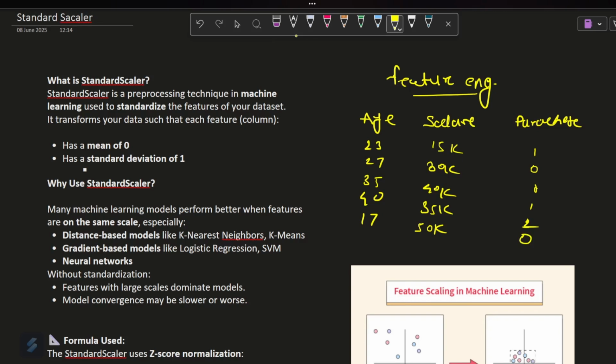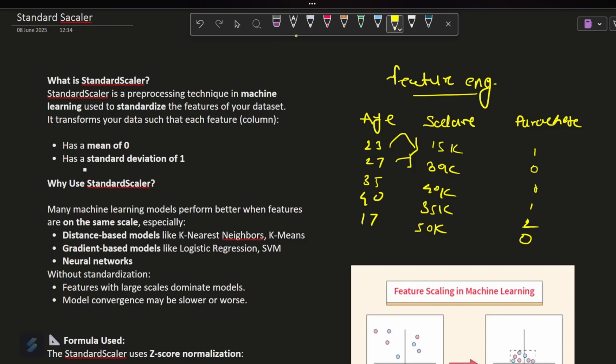So first understand age and salary. They are in different units, right? So we need to scale them, because when we train our model on different units, we don't get good accuracy.